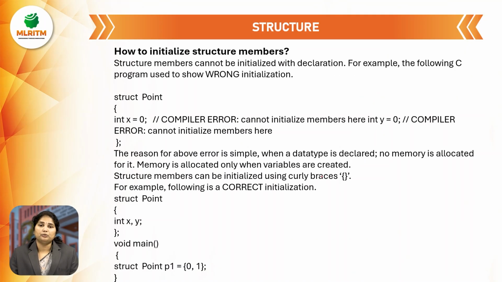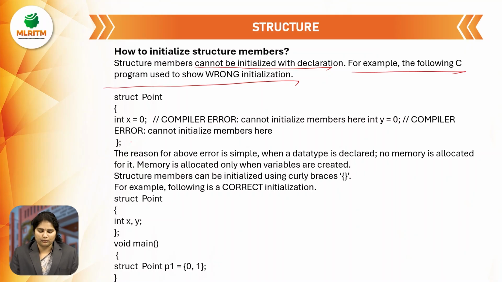Now we will come to how to initialize structure members. Structure members cannot be initialized with declaration. When we declare the variables, there itself we cannot give values to those structure variables. For example, the following program shows wrong initialization.